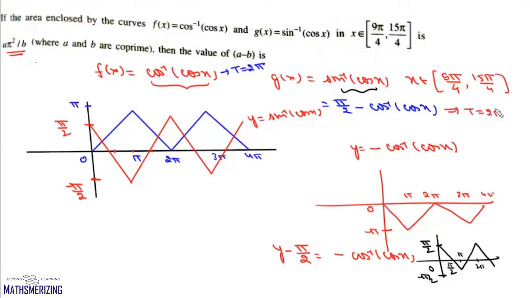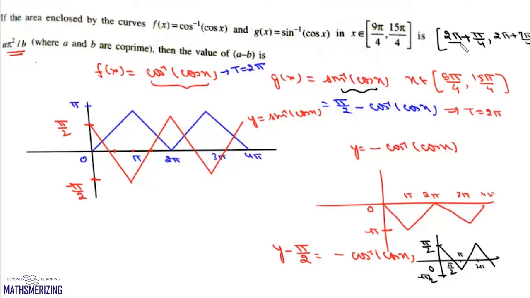Now we need to find the area between these two graphs in the interval 9 pi by 4 to 15 pi by 4. We can write 9 pi by 4 as 2 pi plus pi by 4, and 15 pi by 4 as 2 pi plus 7 pi by 4.